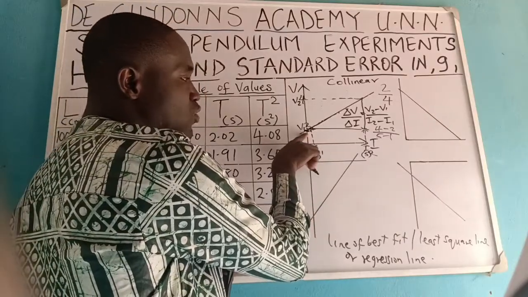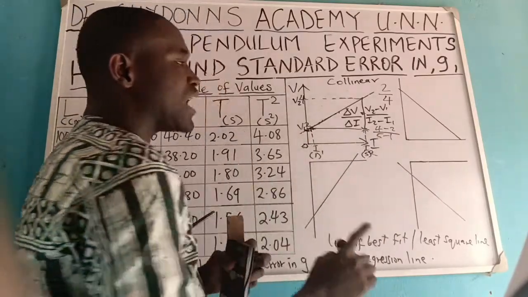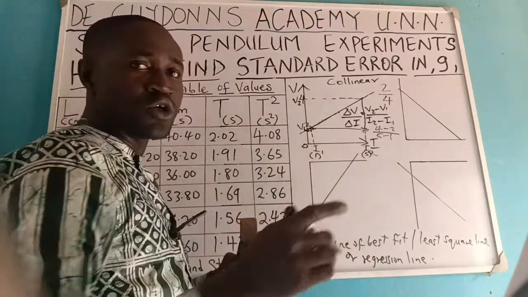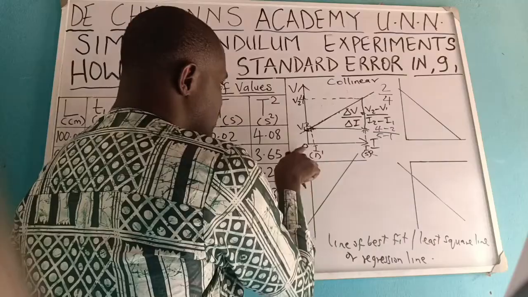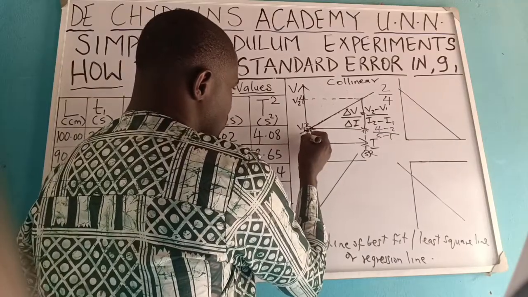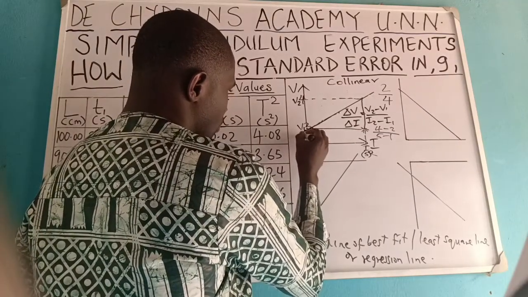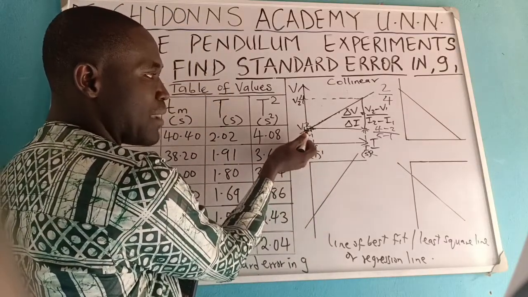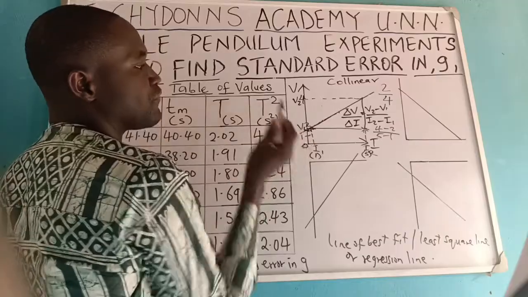You take the value there and write it as your intercept. You just say intercept equals to, okay, if here is 0 and here is 1, that means the intercept here might be about 1.5.